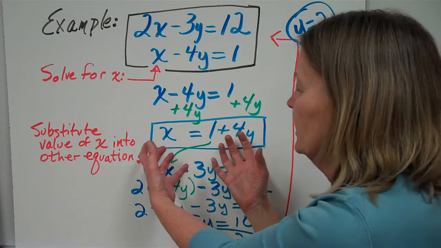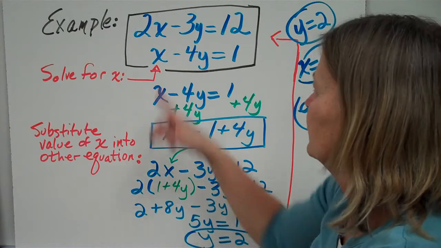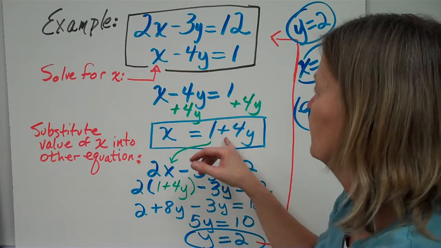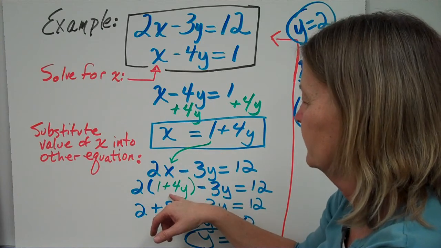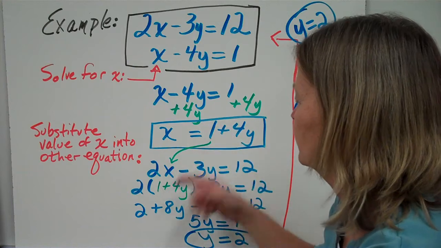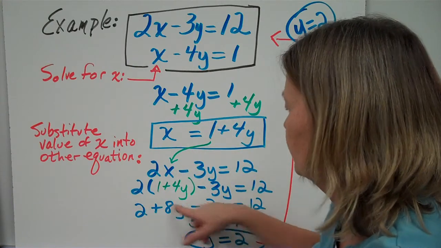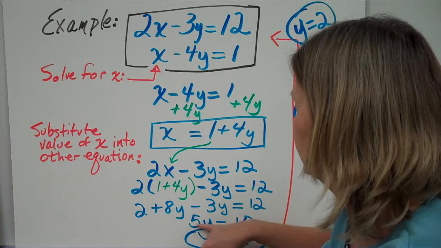Now, because these are equal, the substitution method says take the other equation, and anywhere there's an x, here it is, we're going to put in that 1 plus 4y. So again, that's where your substitution occurs. And again, continue through. Keep in mind, you're only going to have one variable. In this case, you're going to be solving for y first.